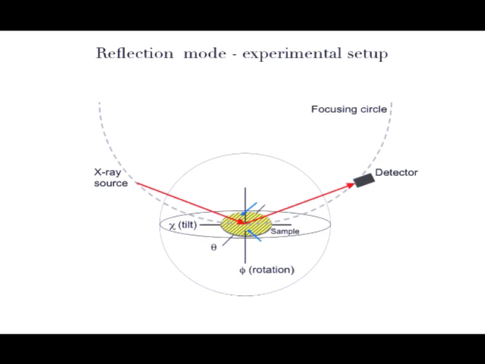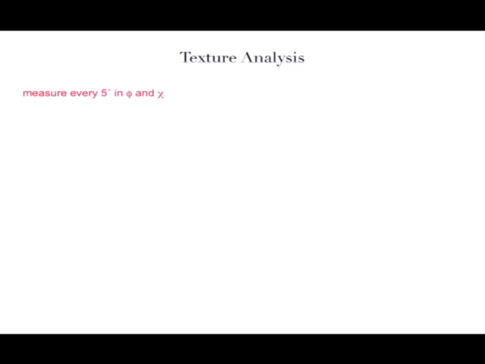The solution to that is replacing the X-ray tube by a parallel beam, by a synchrotron. And then you don't have any problem with sample displacement, and you can easily measure tilted samples. That's just something not available for the older crystallographers. So you measure in both directions in 5-degree steps. 5-degree steps because that's what the programs used to analyze texture were written for.